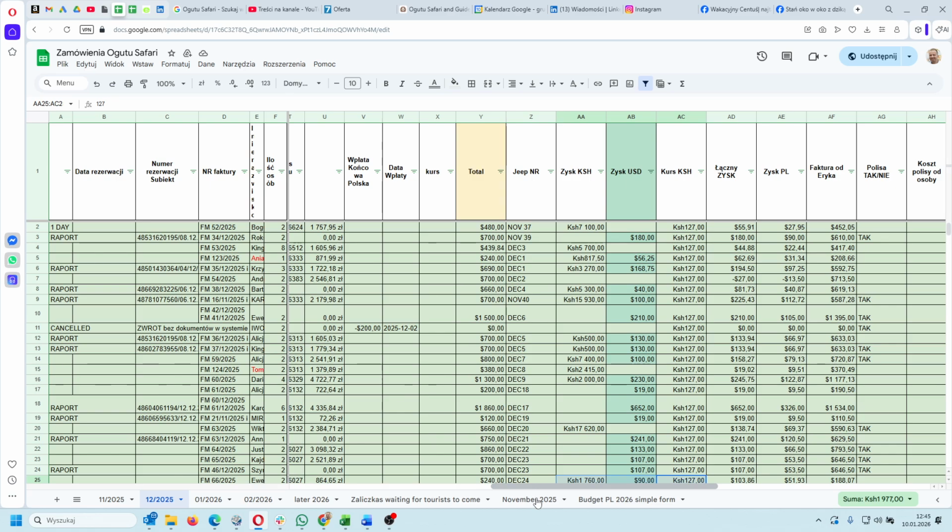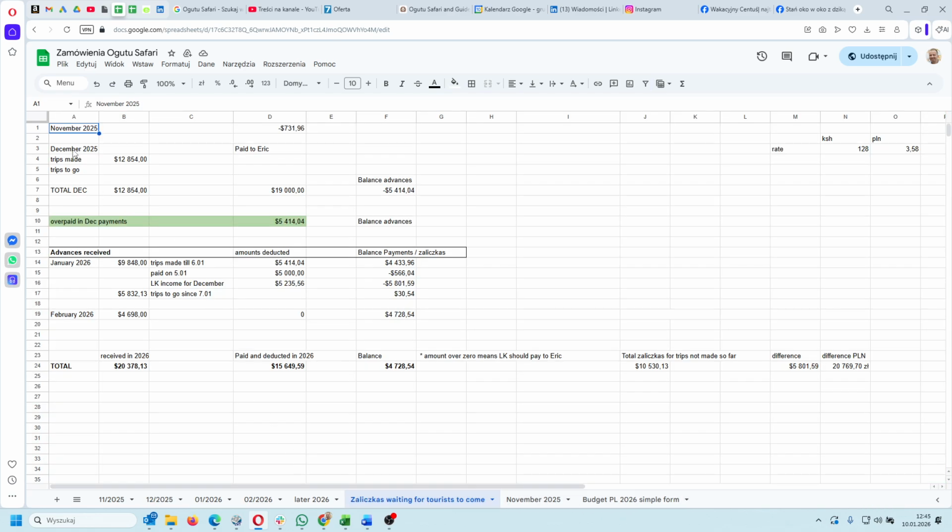transferred to Kenya. Now, if we have a look here, it's December received this one, and in fact, because we've already paid earlier, we paid in December $19,000, so we overpaid, right? So we overpaid, which we deduct later on from the payments.